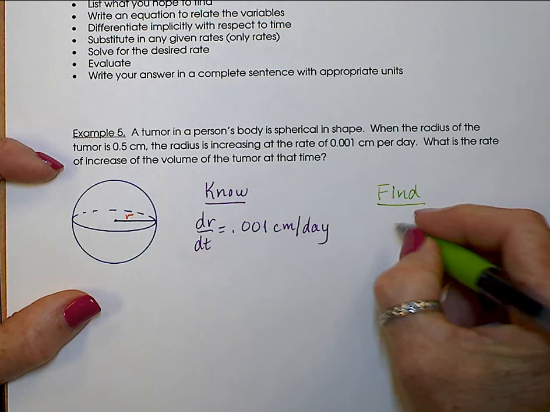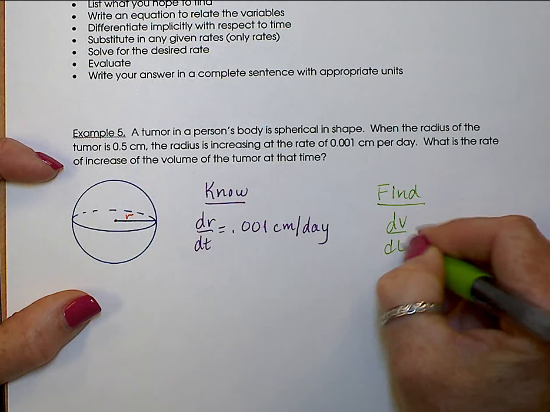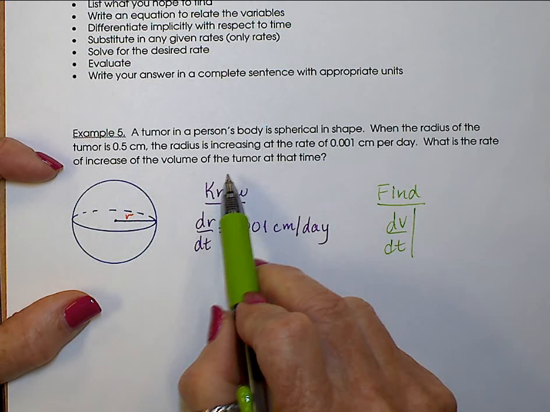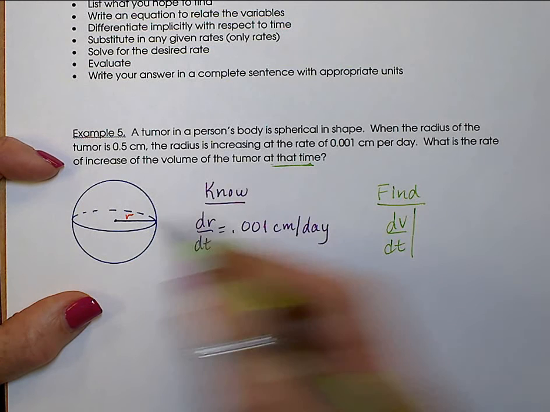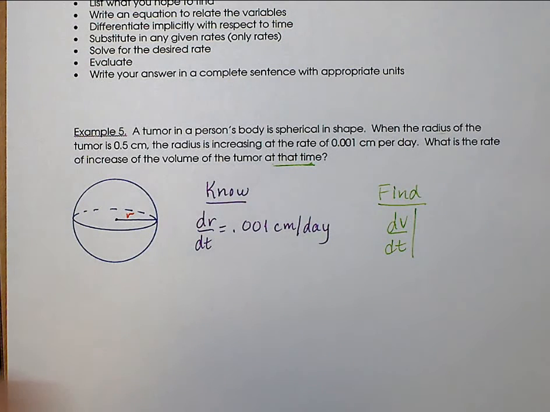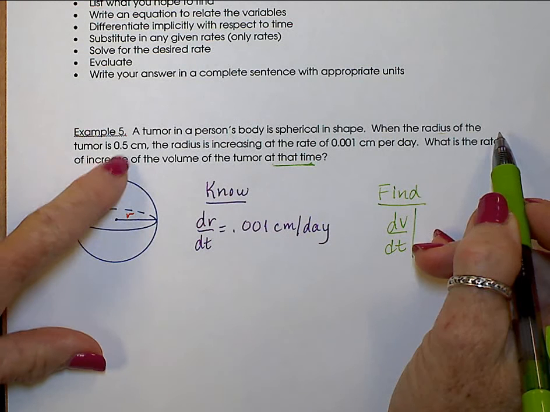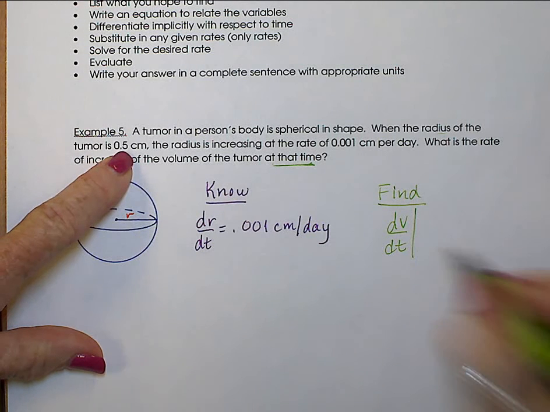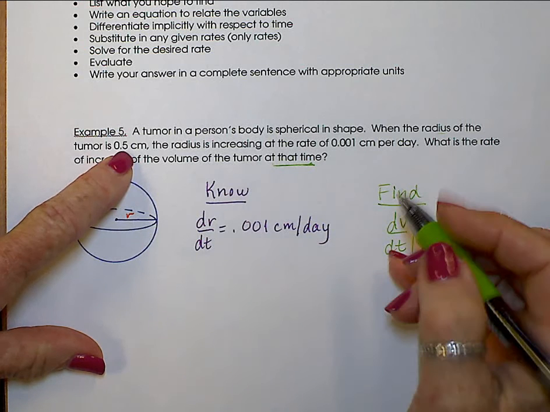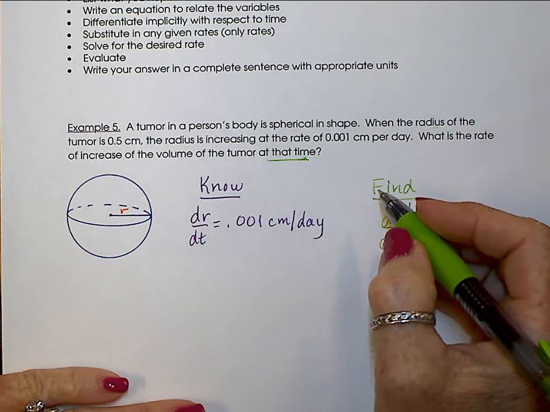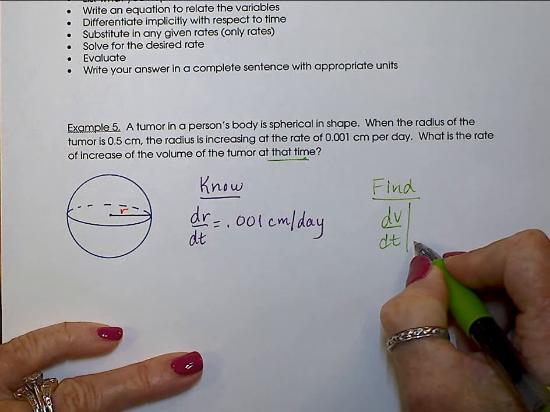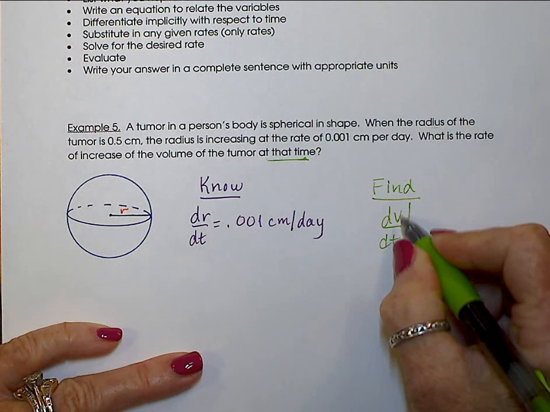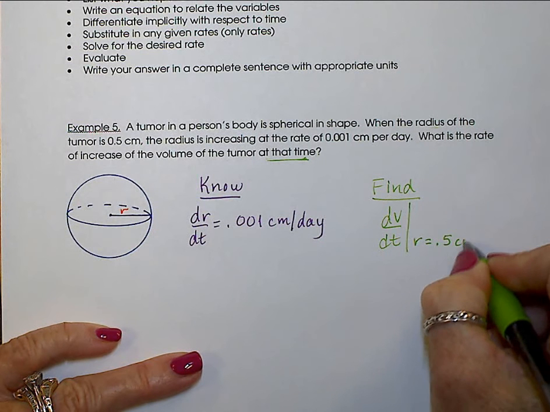So that's dV/dt, and at that time that they're talking about here is when the radius of the tumor is 0.5 centimeters. Very often in related rates, the time that we want to evaluate something is not necessarily expressed as a unit of time. But for this one, we want to know dV/dt when the radius is 0.5 centimeters.